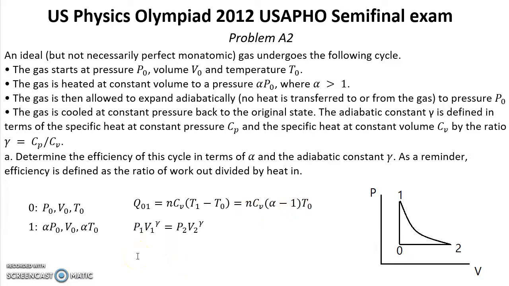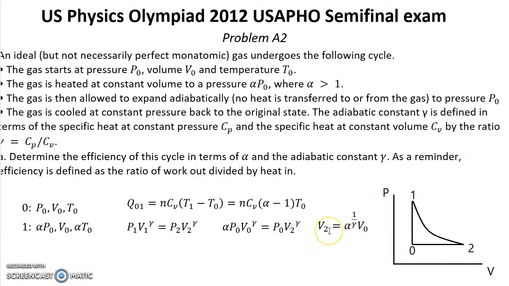After that, using the formula for adiabatic expansion connecting pressure and volume, we can find the volume in point 2 using this formula. We can use the known number alpha P0 for P1 and find V2.